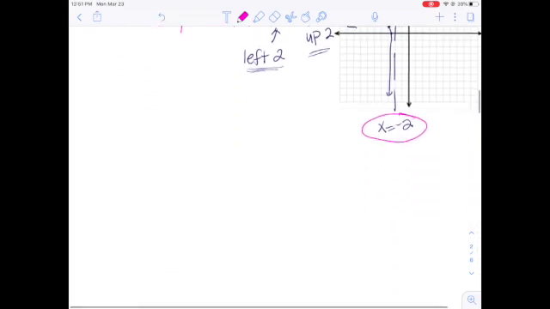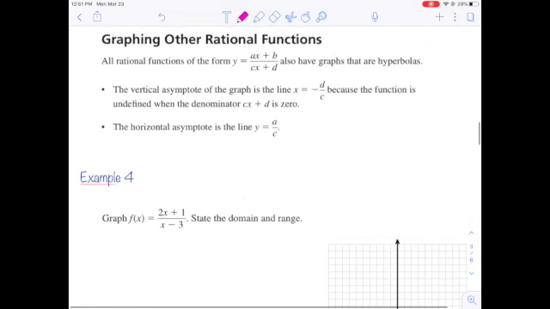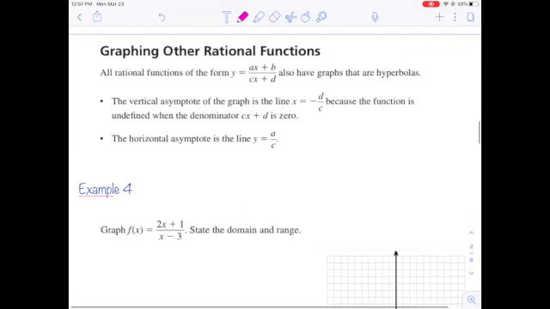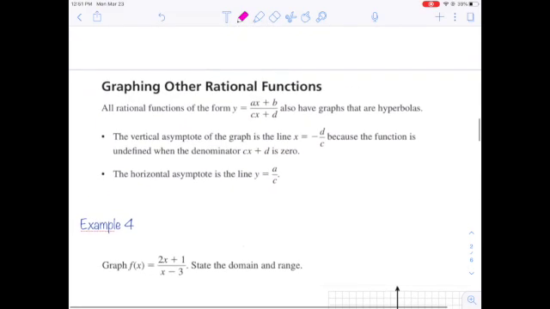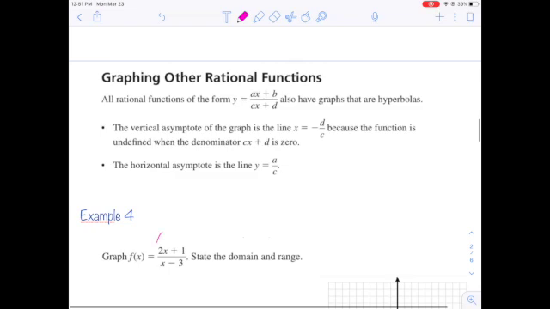Now let me organize that information for you. I'm going to take a look over here. When we're graphing, as in example number 4, if you have degrees of your polynomials that are equal, they're both degree 1, then you have this general form of a rational function.